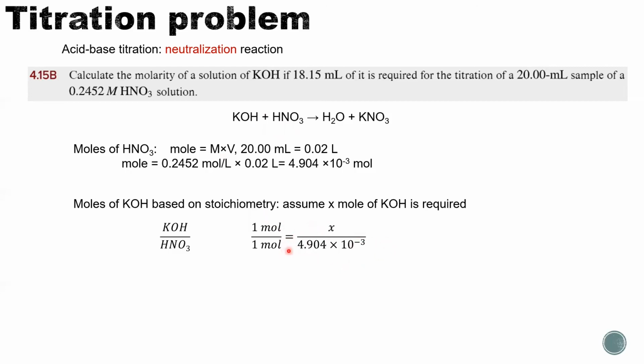Cross multiply and solve this equation, then X, the moles of hydroxide, equals 4.904 times 10 to the minus 3 mole.